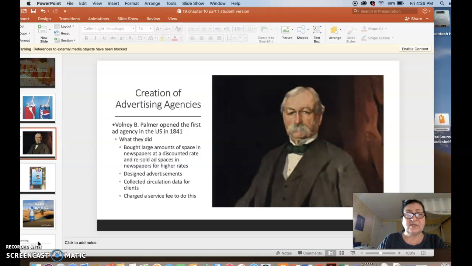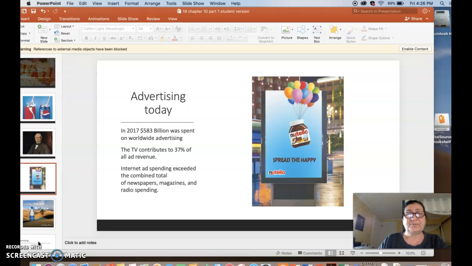They designed those ads, collected circulation data for clients and reported on that data, and charged a service fee for all of that. Today, advertising is a $583 billion industry worldwide.